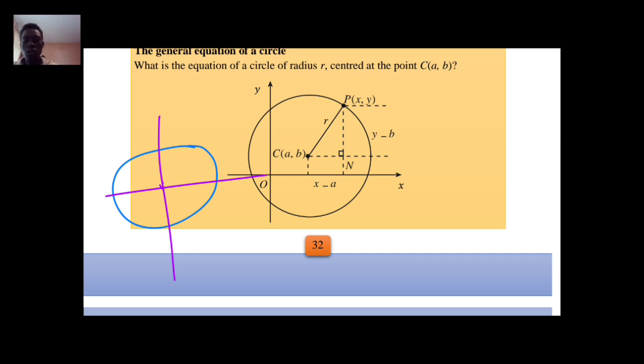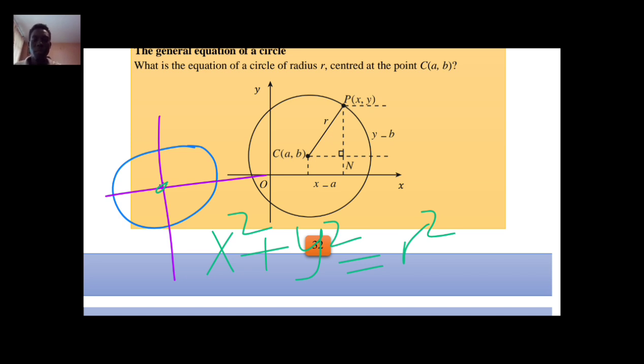We use an equation that says x square plus y square is equal to r square. This is the equation that you use to find the equation of the circle when the center of the circle is at the origin.